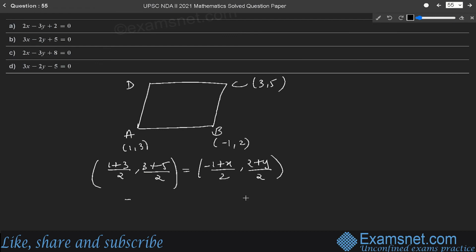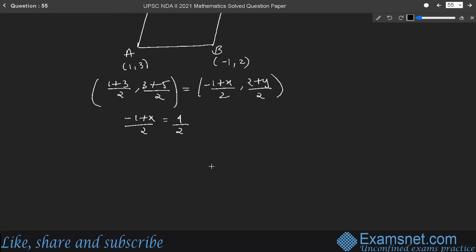So (minus 1 plus x) upon 2 is equal to 4 by 2. On further solving, x will be equal to 5, and (2 plus y) by 2 will be equal to 8 by 2, so y will be equal to 6. So the point is (5, 6).